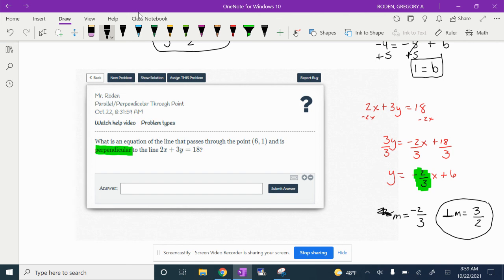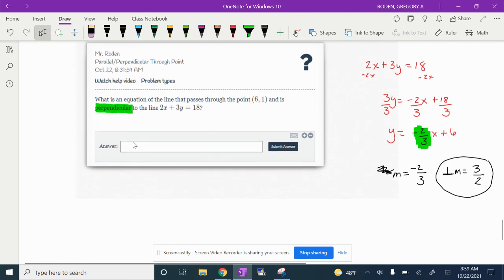So I'm just going to go back over here. And then I'm going to go y equals mx plus b. Remember, we're talking about the perpendicular line now. And so now I'm going to temporarily replace x and y with 6 and 1 and solve for b. So instead of a y, I'm going to put in a 1 equals, instead of an m, my perpendicular m is 3/2.